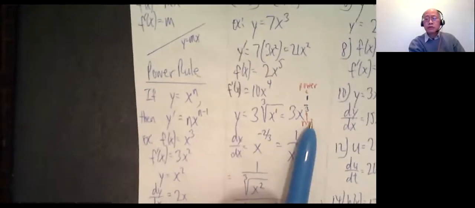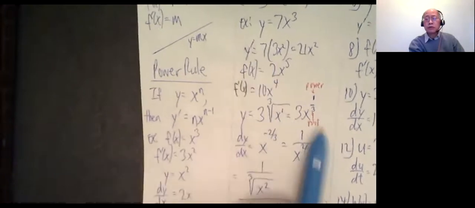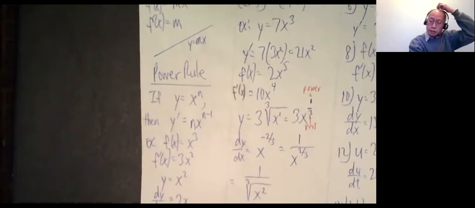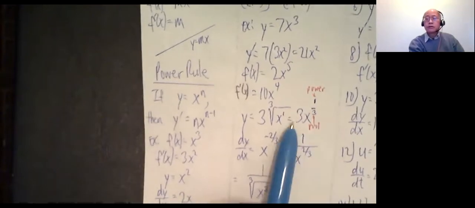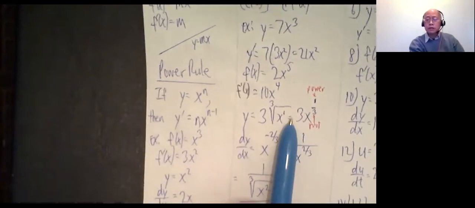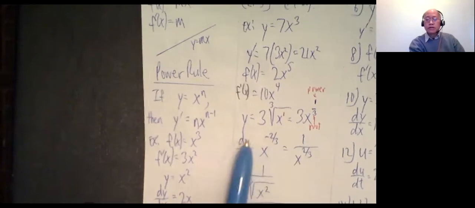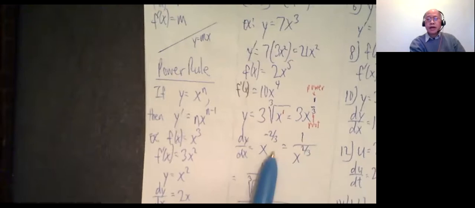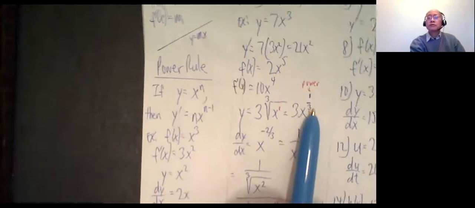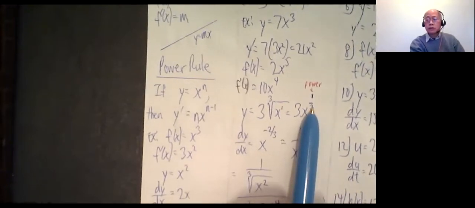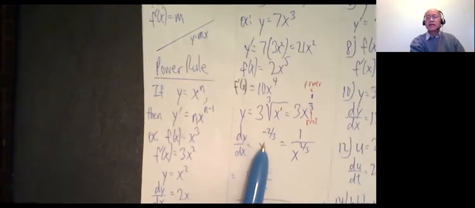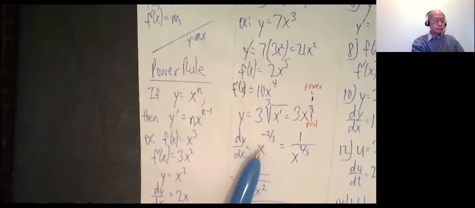All right, so now I do my constant multiplier rule. I multiply this. What's 1/3 times 3? 1/3 times 3 is 1, which means I don't even have to write it. The new coefficient is 1. x to the 1/3 minus 1. 1/3 minus 3/3 is -2/3.